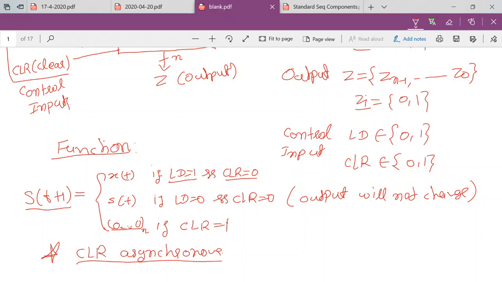Asynchronous, it does not depend. Whenever the clear signal goes to 1, it does not matter when the triggering event will occur. Your Z will become 0 at the same instant, right? So the functionality of the clear control signal does not depend on the triggering event of the clock. That's why the clear control input is an asynchronous control input or control signal.